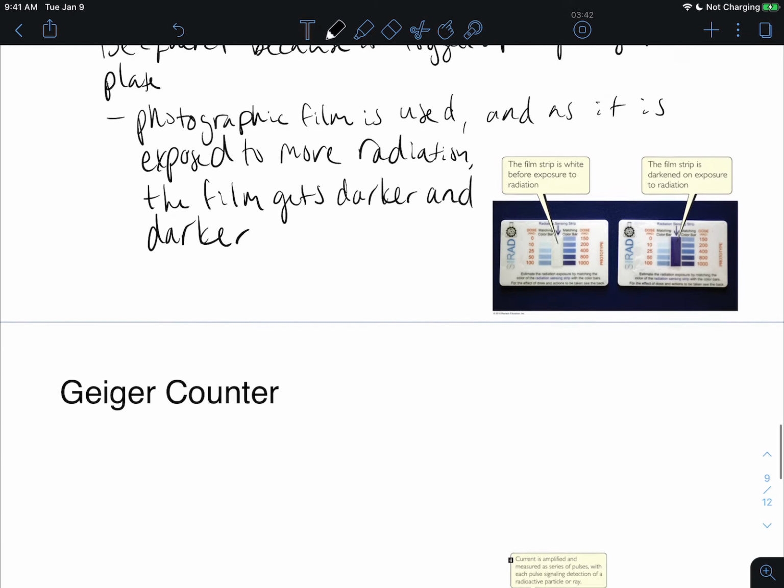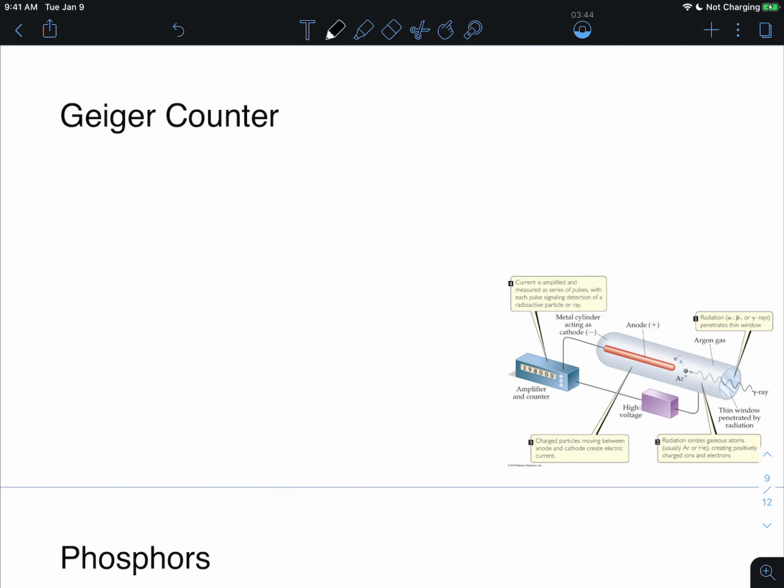Okay, let's talk about our Geiger counter again. Just kind of go into what's actually going on with the Geiger counter. It's also used to measure the amount of activity or radioactivity present in a radioactive sample.